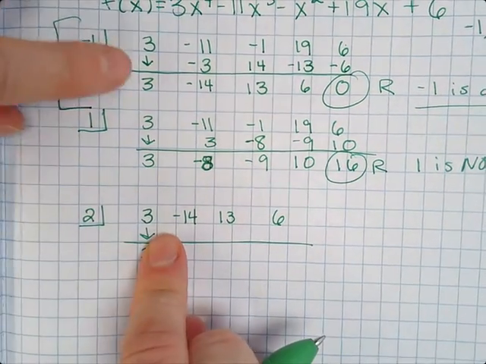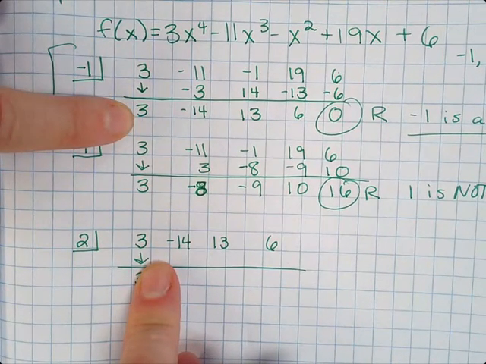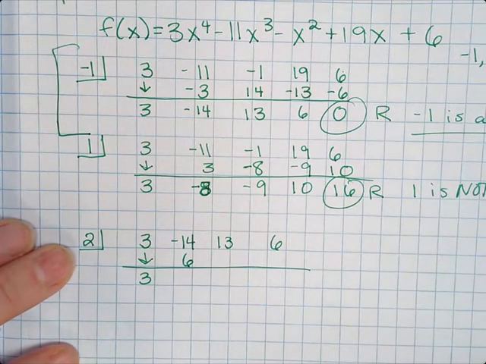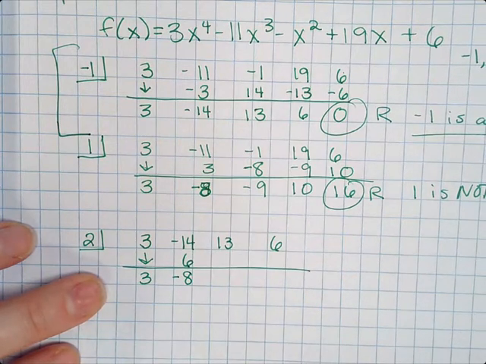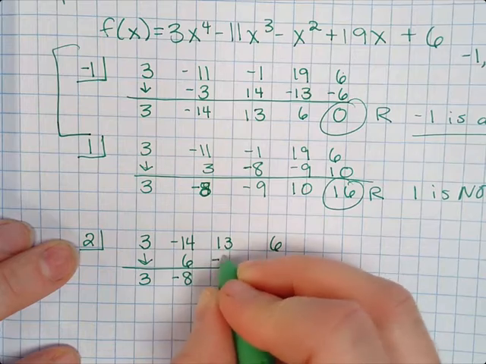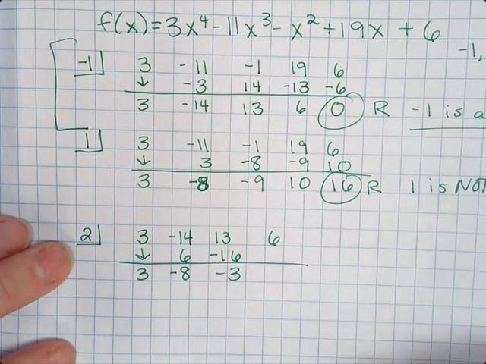So this came from whenever I did the synthetic division. This was the polynomial that came out after you divided by the -1. So this would be 6. That would be what, -8? -16, -6, or -3.